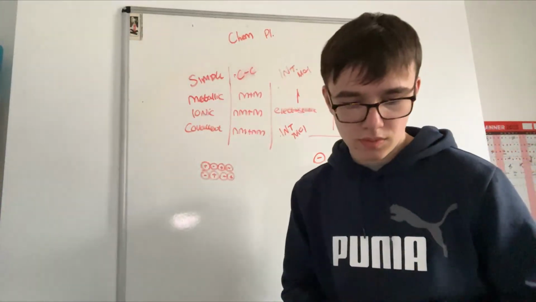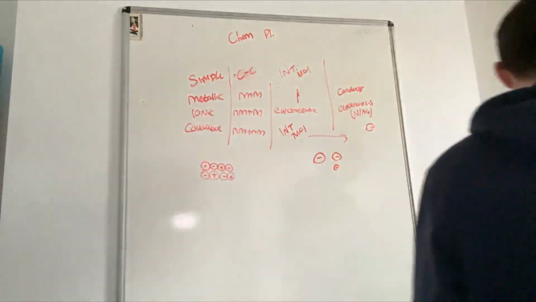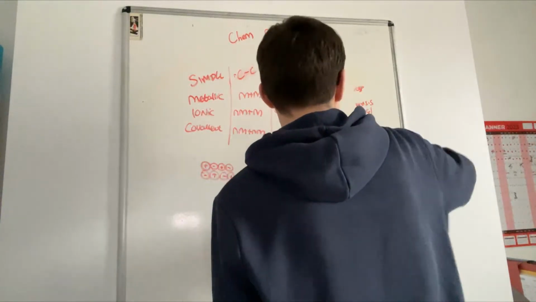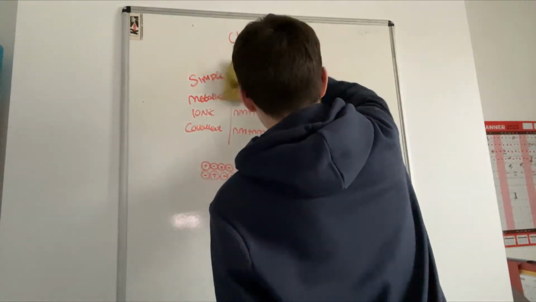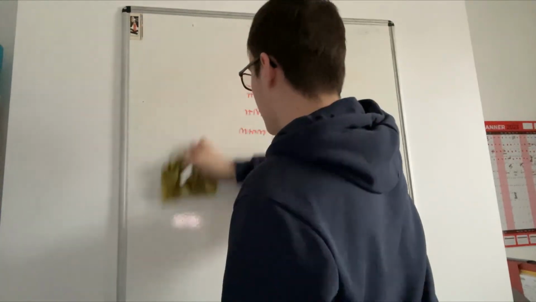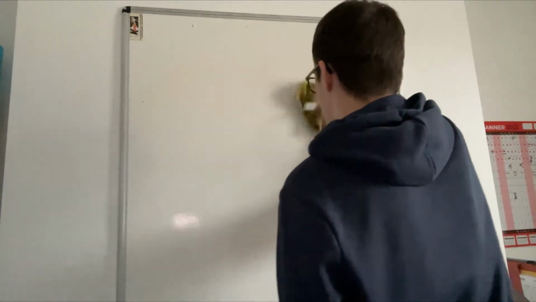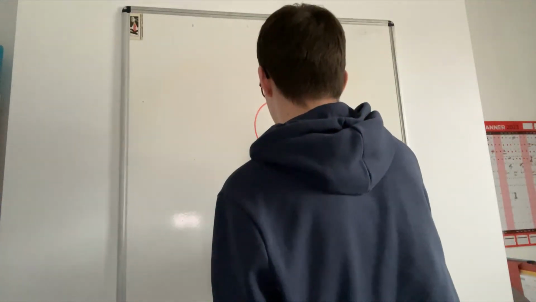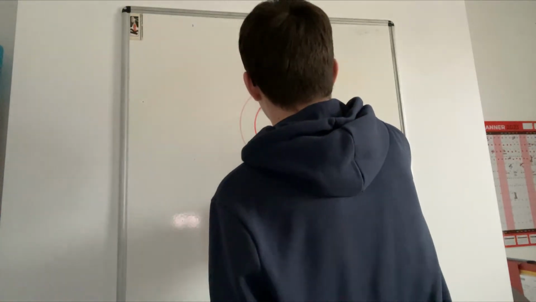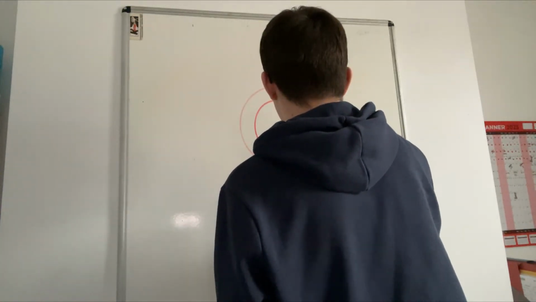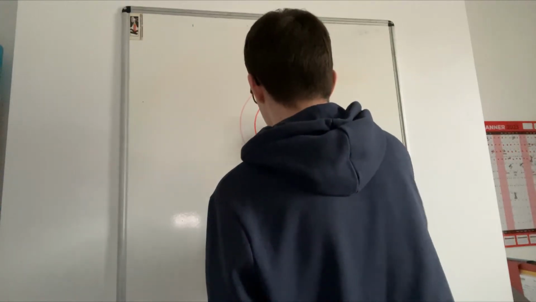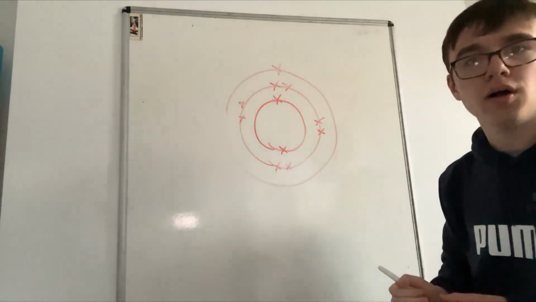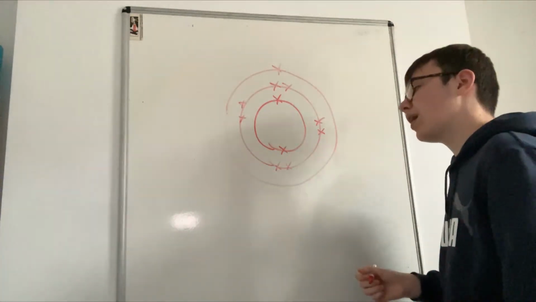Here's a good question. Why does group 1 become more reactive as you go down? If we look at it logically, if we draw another shell, why do they become more reactive as you go down?